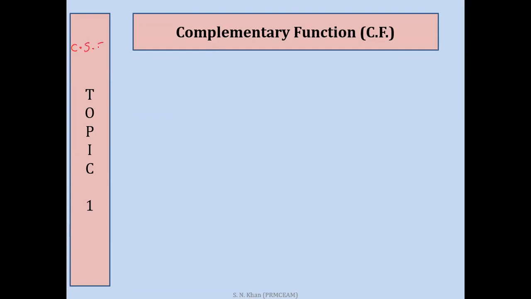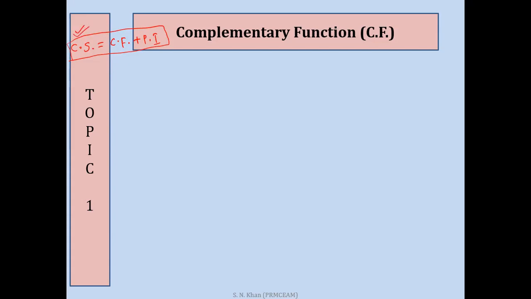CS means complete solution, it is given by CF plus PI, complementary function plus PI. So whenever we need the solution of a differential equation, we have to calculate CF as well as PI, and then add them to get the complete solution of that differential equation.